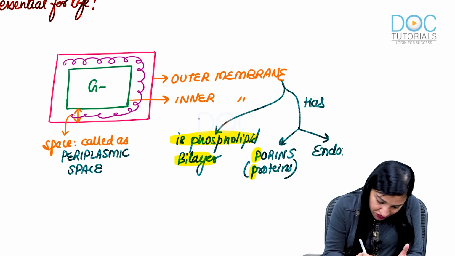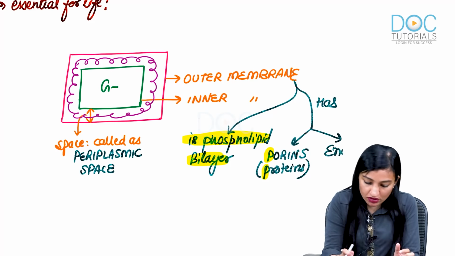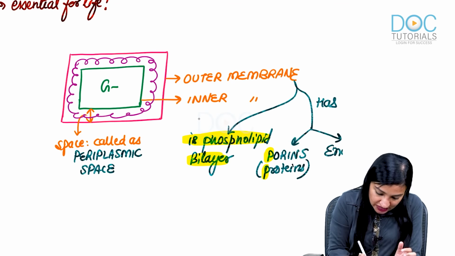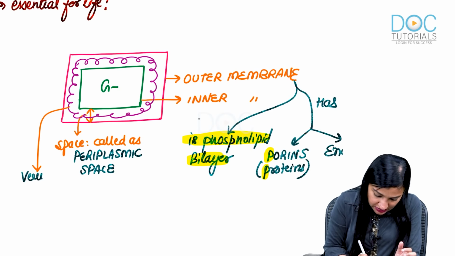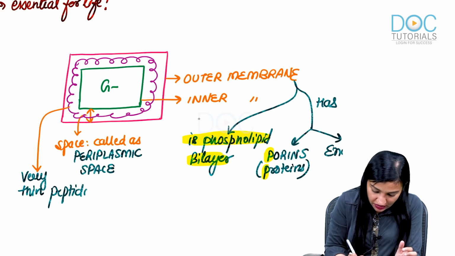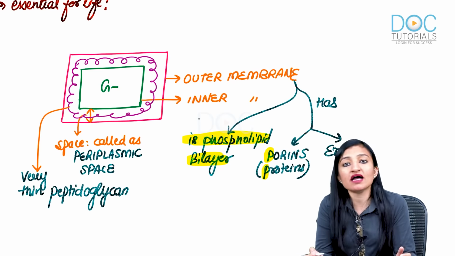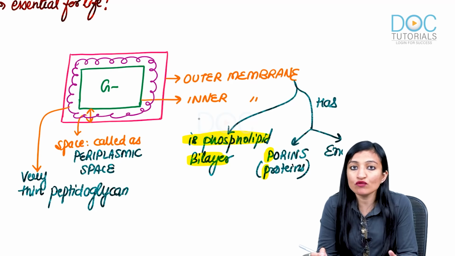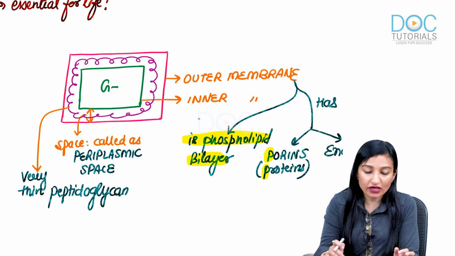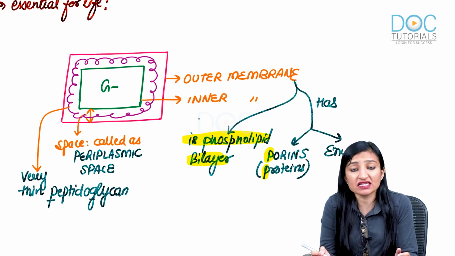This spiral thing which I am drawing over here is nothing but very thin peptidoglycan. Peptidoglycan, guys, I have mentioned before as the name of the constituent of the bacterial cell wall. So this is peptidoglycan, a very thin layer in the periplasmic space.